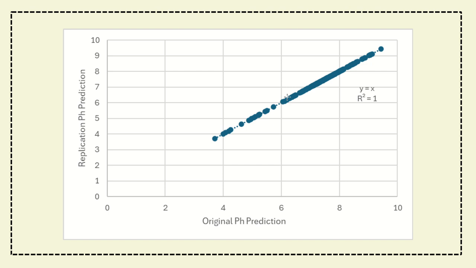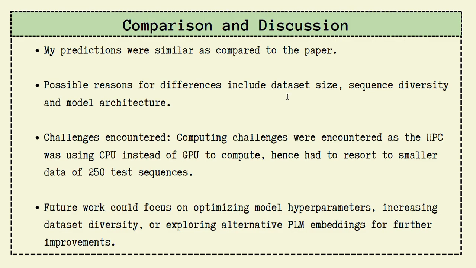So it means that my replication was indeed really successful, because I was getting the same prediction values of the optimum pH for the same proteins. Hence my predictions were similar to the paper, and similar in range and distribution to those in the original paper.